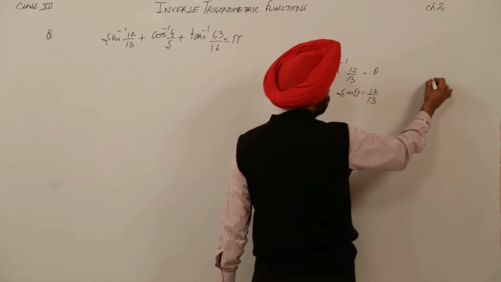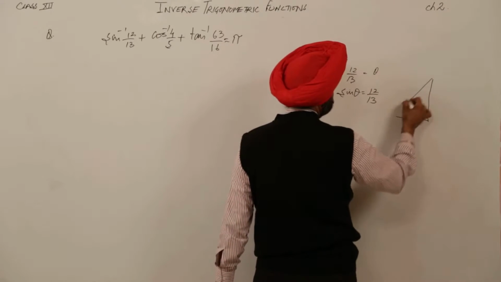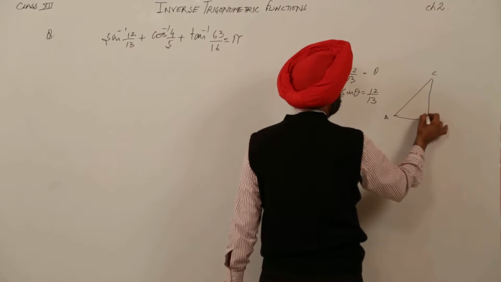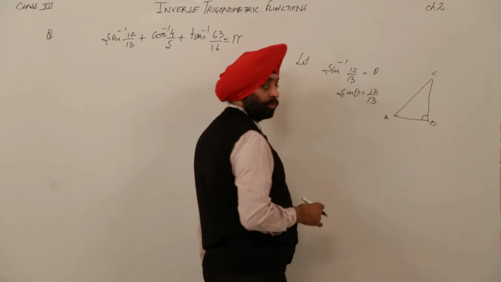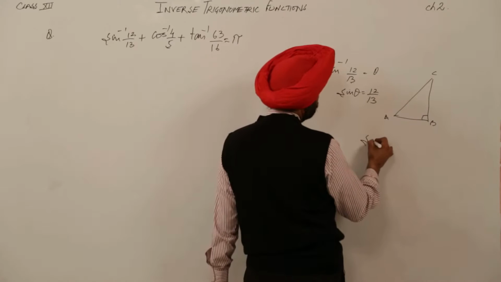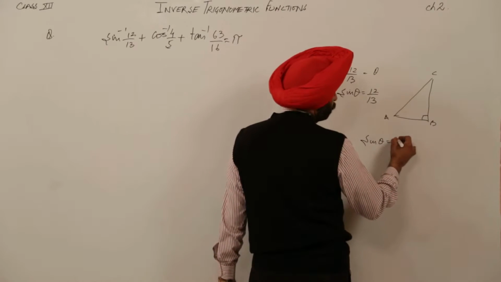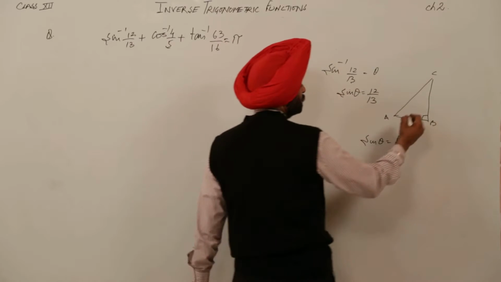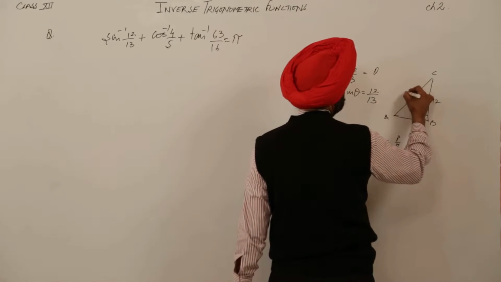Now let's draw a triangle here, A, B and C, a right angle triangle. So sin theta is 12 by 13. In class 10th, sin theta is perpendicular upon hypotenuse, so this is 12 and this is 13.